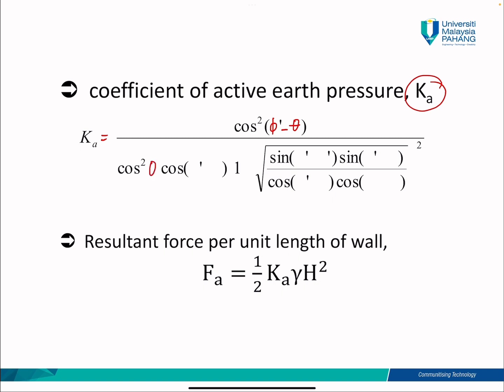Cos 2 theta, sudut di belakang wall, retaining wall, times cos delta, adalah sudut di antara acting force dengan soil and wall, and then plus theta, and then you kena kalikan all of that with 1 plus square root of sin delta plus phi times sin phi minus alpha bahagikan dengan cos delta plus theta kali dengan cos theta minus alpha.